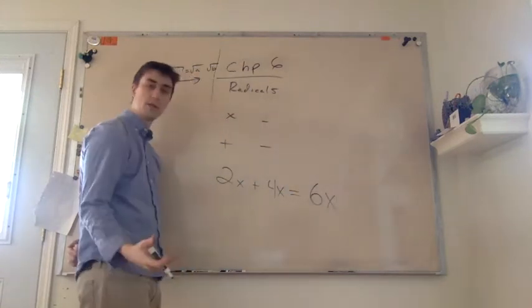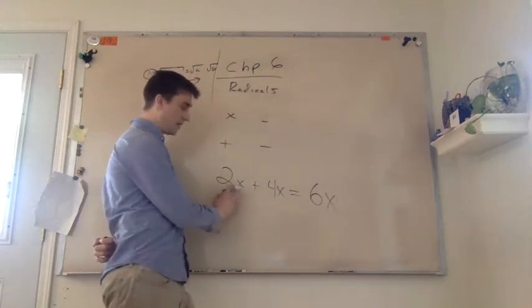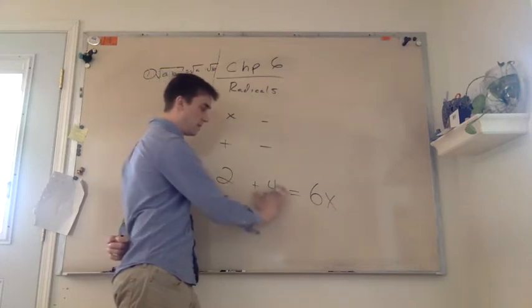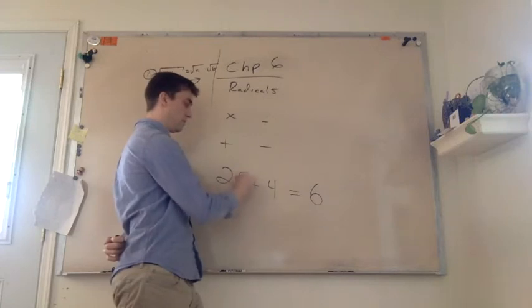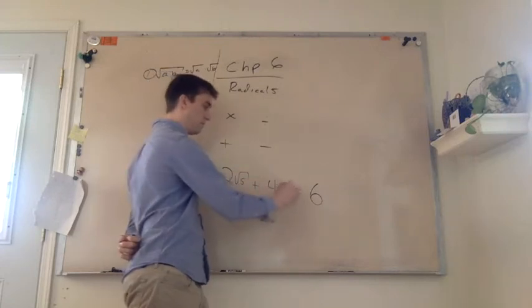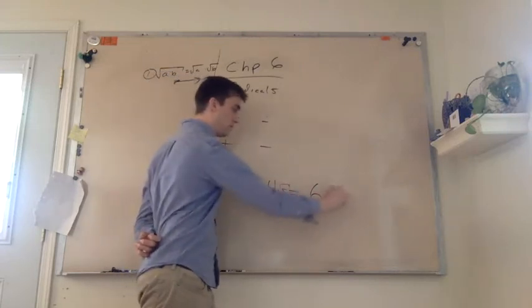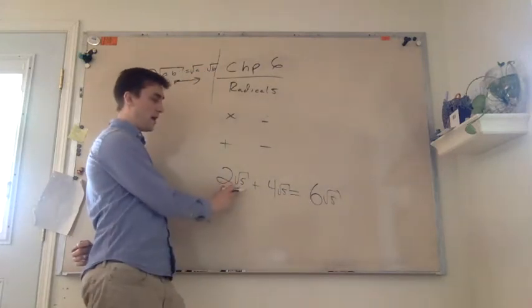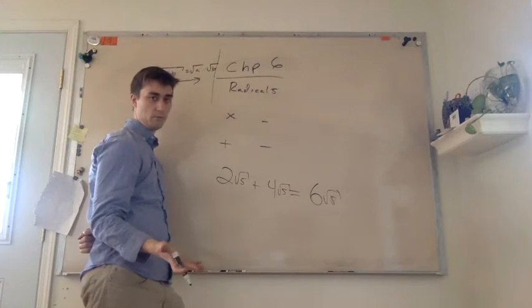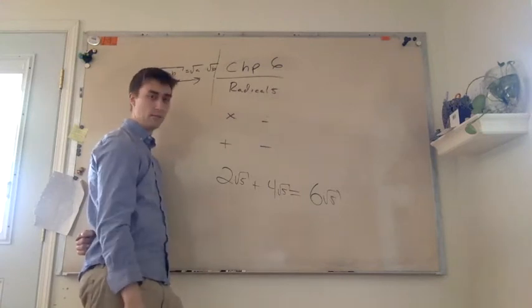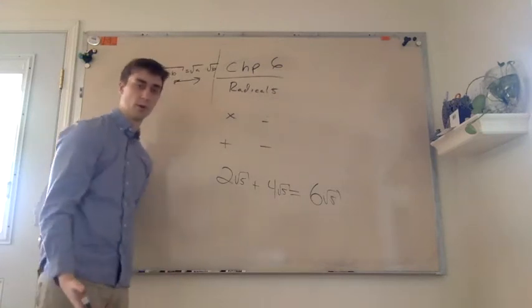It's literally just as simple as this. x can be anything, so why not write the square root of 5? 2 root 5s plus 4 root 5s is 6 root 5s. That's how addition of radicals works.